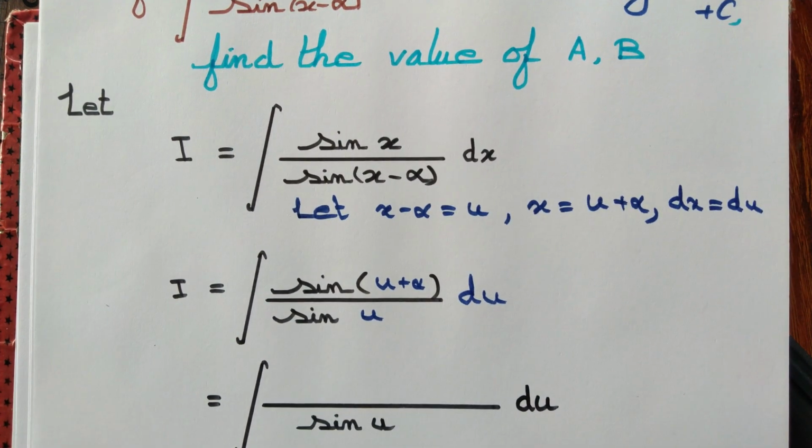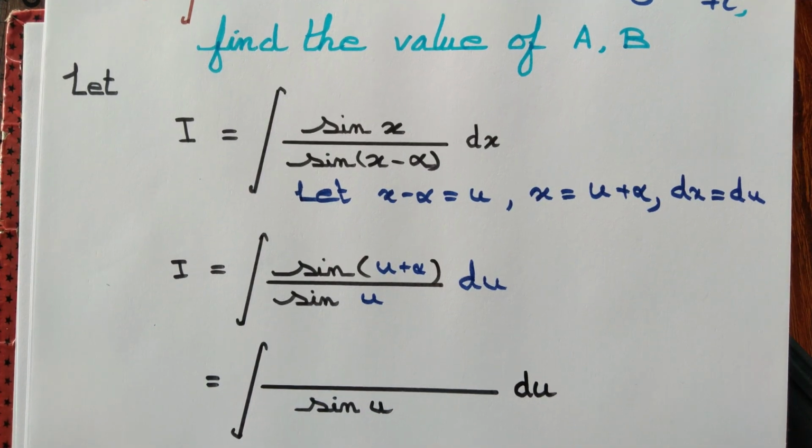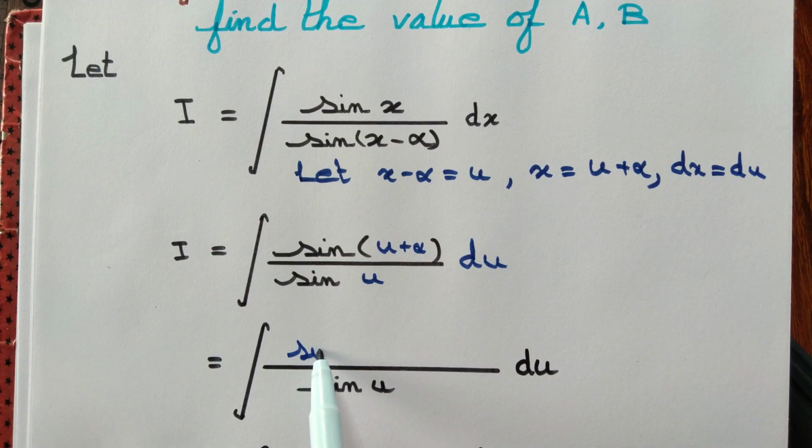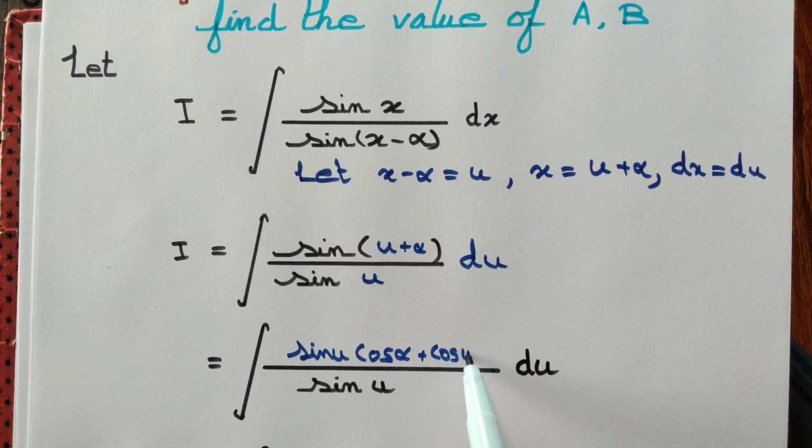Now we know the expansion of sine of u plus alpha. That is sine of a plus b, that's equal to sine a cos b plus cos a sine b. Okay, so far so good.